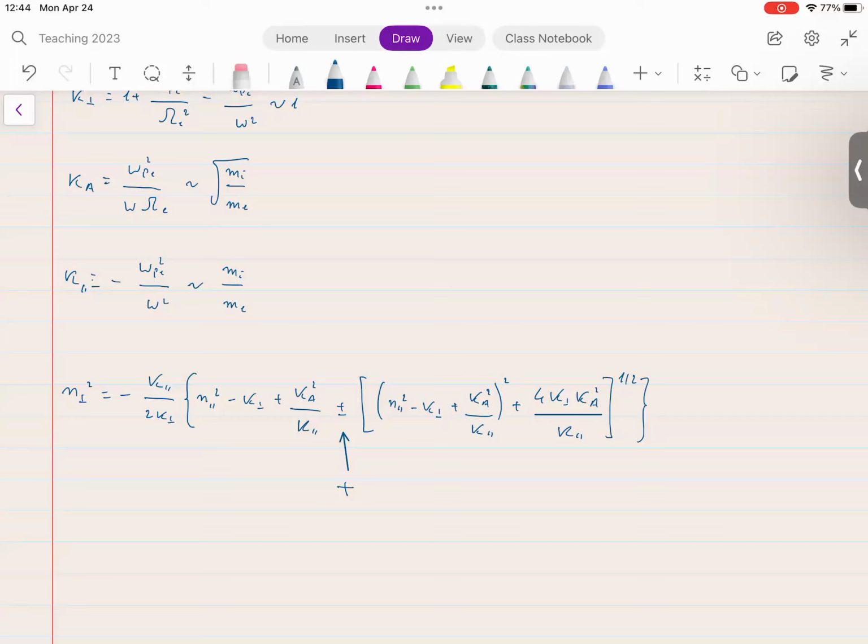So this is going to give us two requirements. One for omega needs to be above a certain critical value, and one for n parallel that again needs to be above a certain critical value.